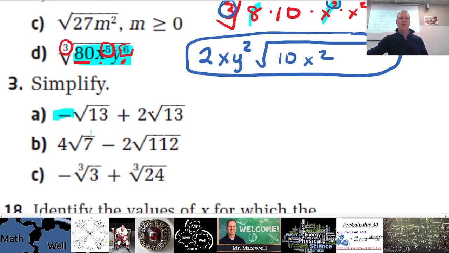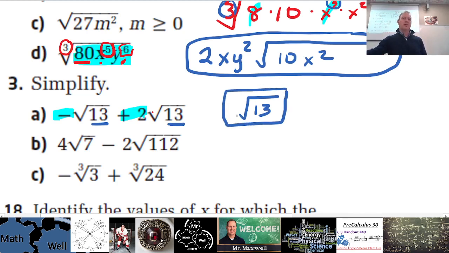So this is a -1 and a positive +2, right? So -1 plus 2 is 1 root 13. Do not add 13 and 13. It's not root 26, okay? Can't do that. And of course you wouldn't put the 1 there because the convention is we just leave that blank, so that's just root 13. All right.